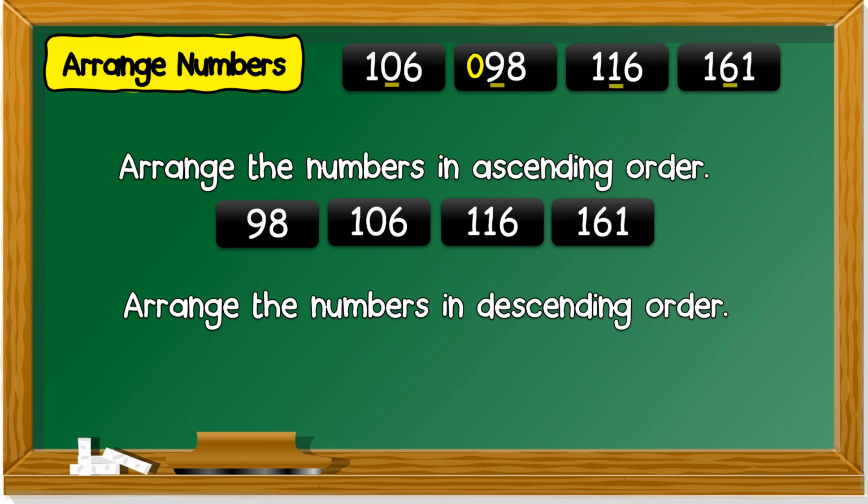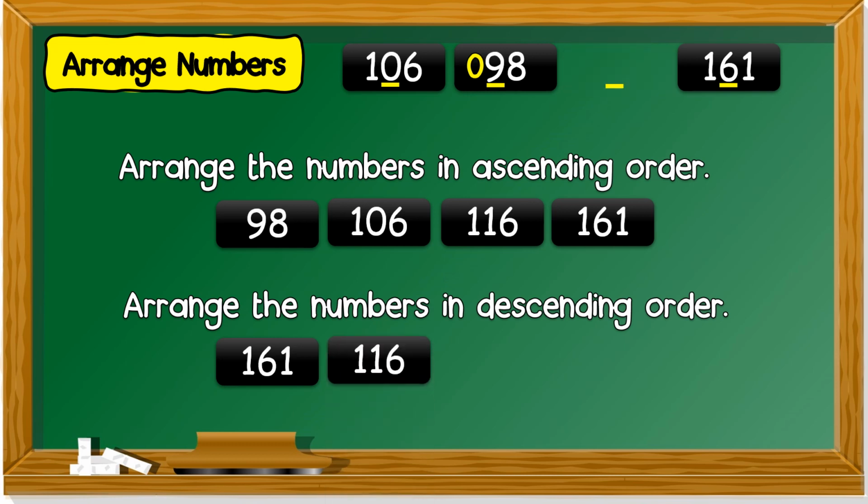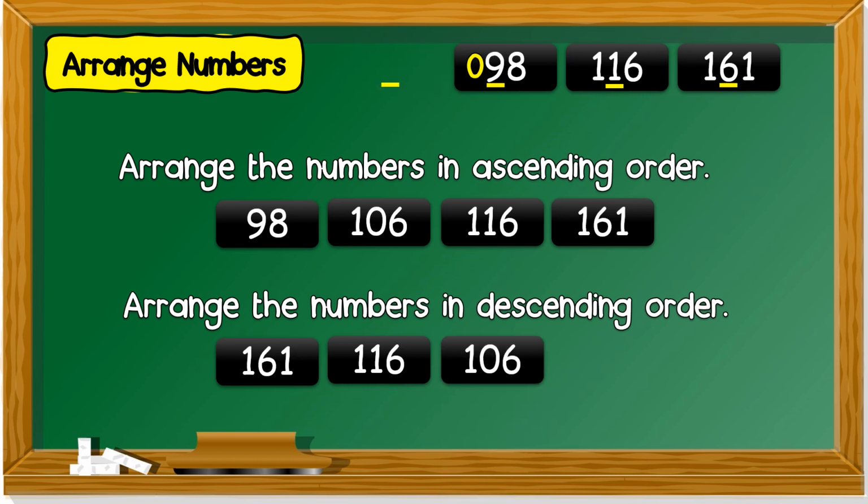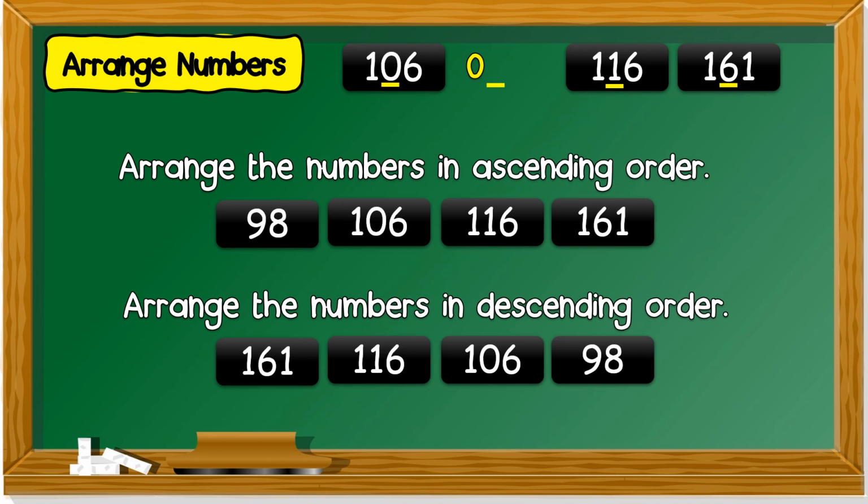The numbers in tens. So, 6. Okay, 161 is the largest, followed by 116. Then 106. The last number is 98. So this is the arrangement for descending order.